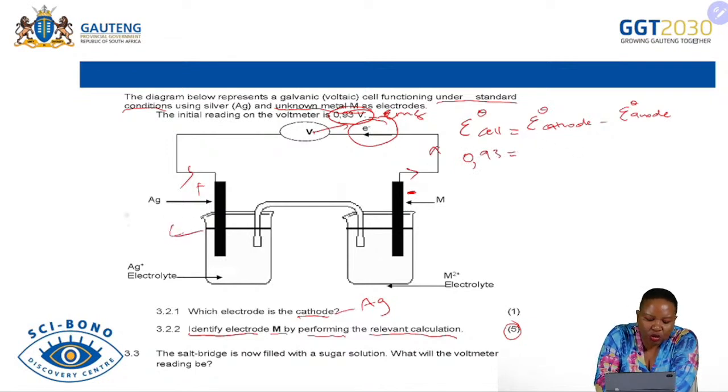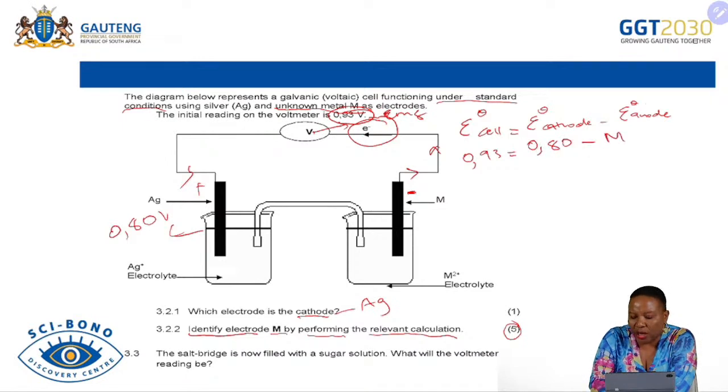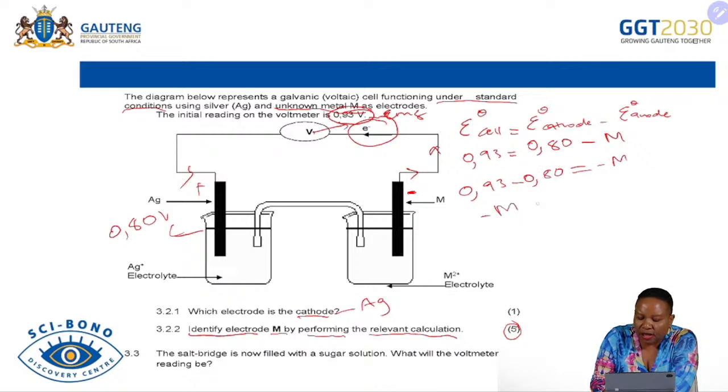If you go to the table, you see silver is 0.80 volts. So we substitute 0.80 volts minus M. We don't know what M is. Therefore, 0.93 minus 0.80 is equal to minus M. So minus M is equal to 0.13 volts, which means M is negative 0.13 volts.